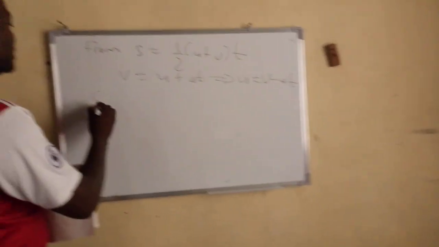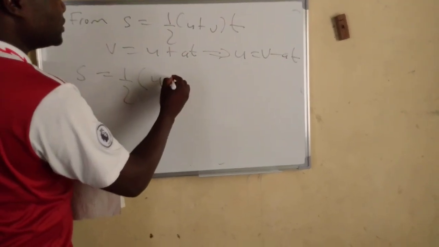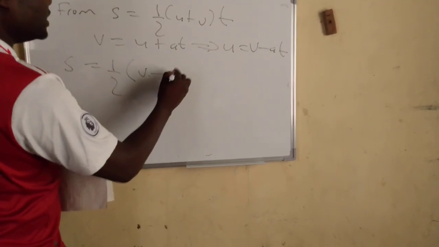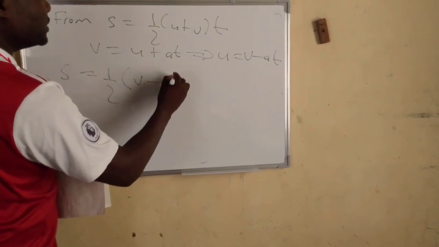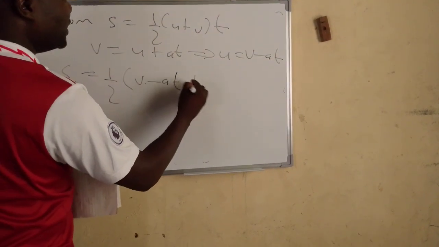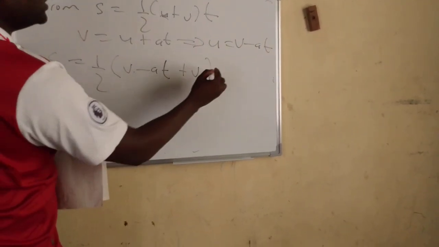So s is equal to half times (v minus at plus v) times t.